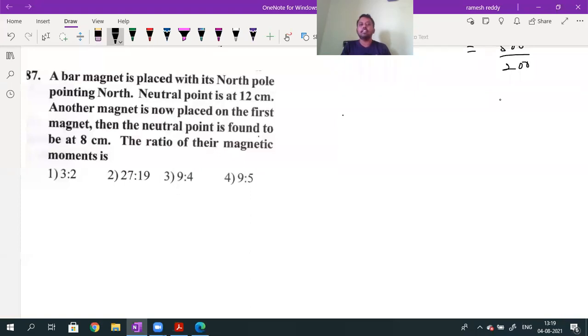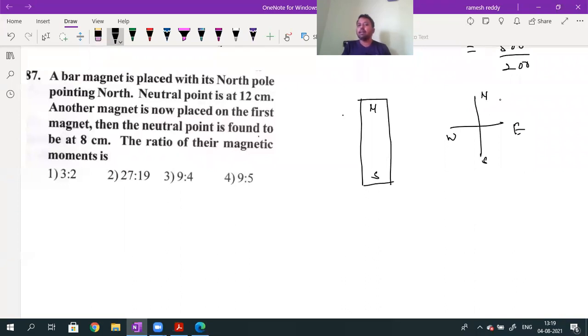The bar magnet is placed with its north pole pointing towards north. Here is the geographic direction: this is north, this is south, this is east, this is west. The north pole is placed towards the geographic north.